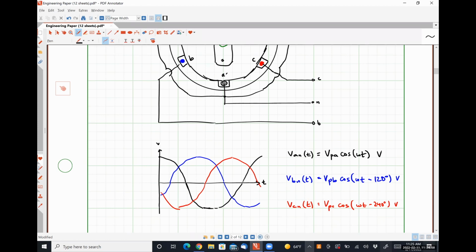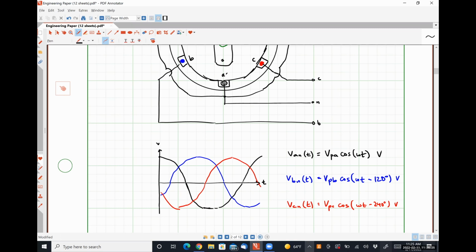And as long as they are physically oriented 120 degrees apart, these phase angles are going to be exactly 0, negative 120, and negative 240. So to unbalance a three-phase voltage source literally requires you to physically construct it incorrectly. So that's not where imbalances are going to come from.